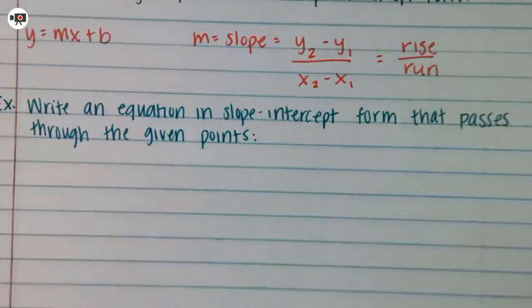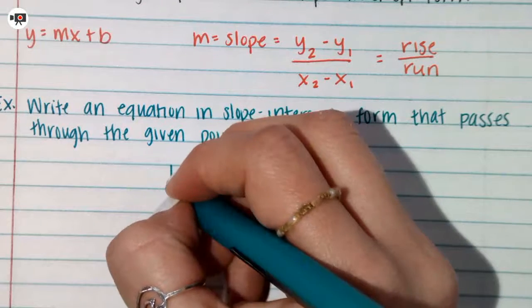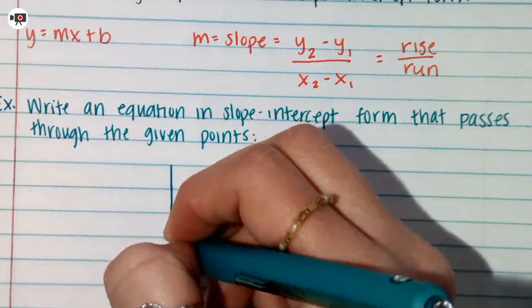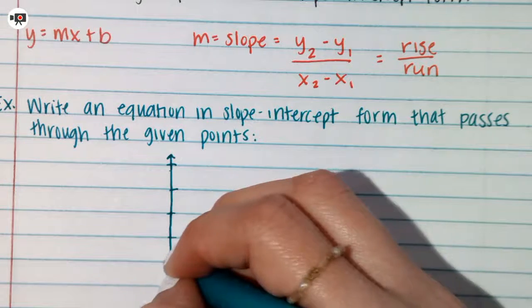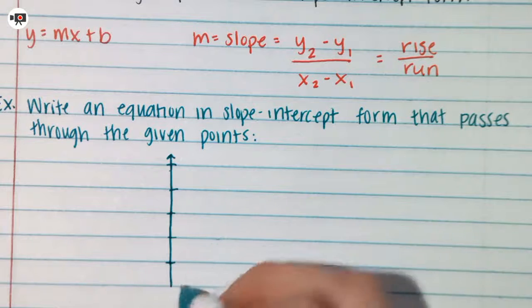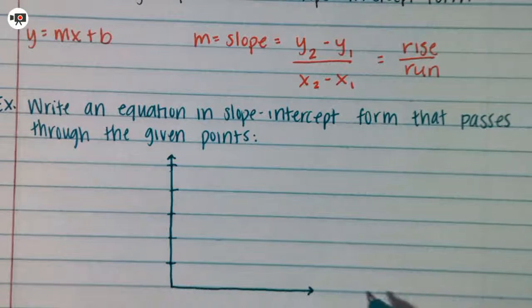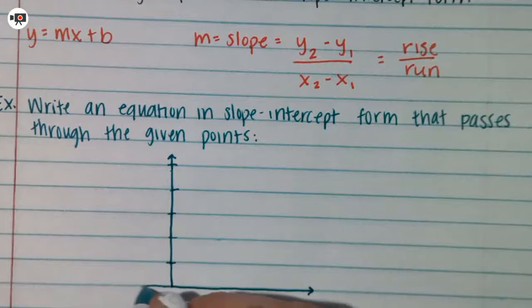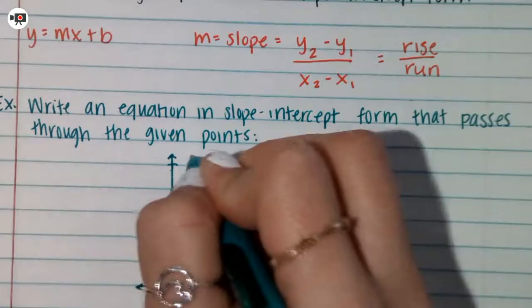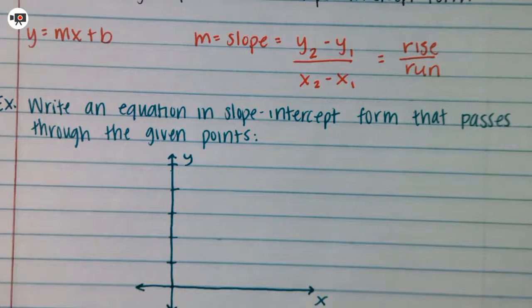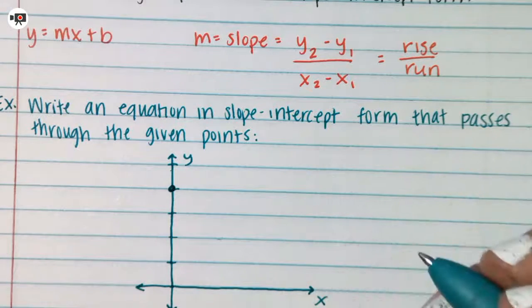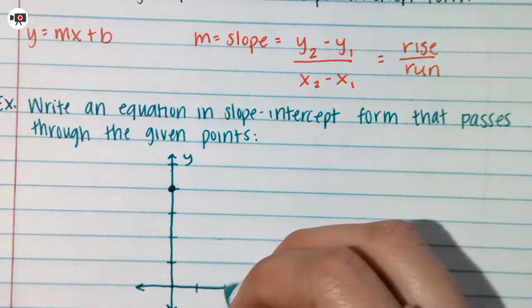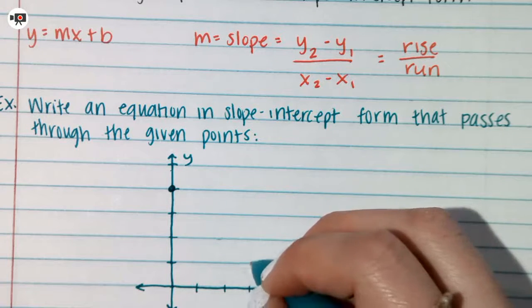Now, so if I have this, and we're going to say I have a graph with my y and x, and it goes through this point and this point.